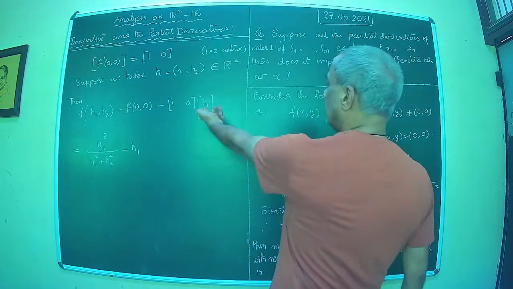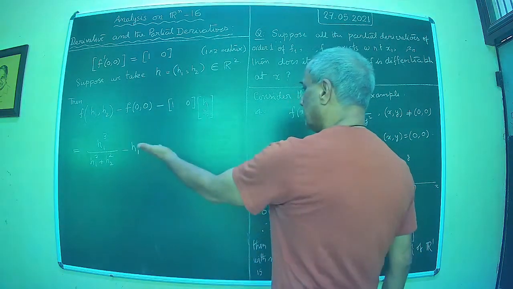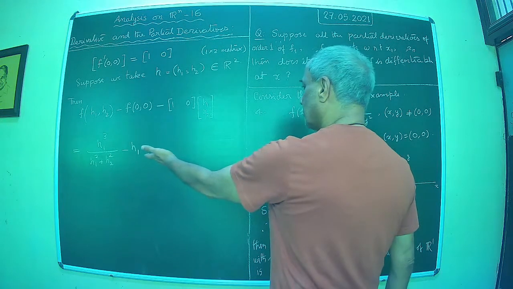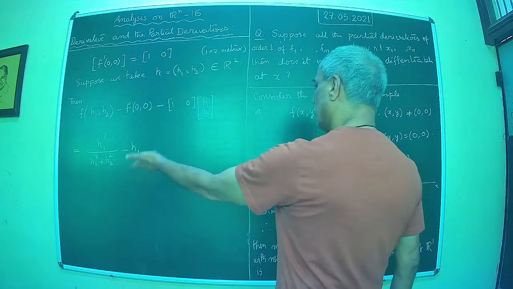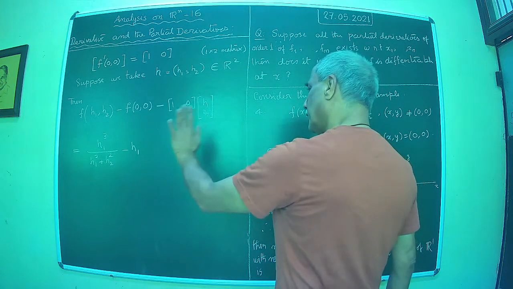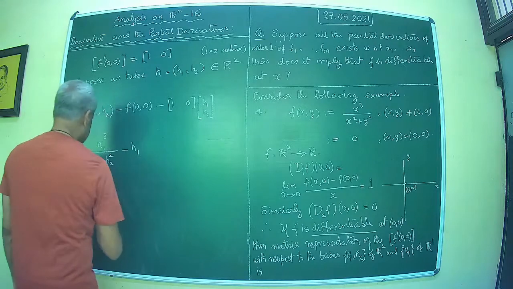And if f is differentiable, this should be of the order of, a limit of this when divided by square root of h1 square plus h2 square, and let h1 and h2 go to 0, should be equal to 0. Okay. So this is what we investigate.